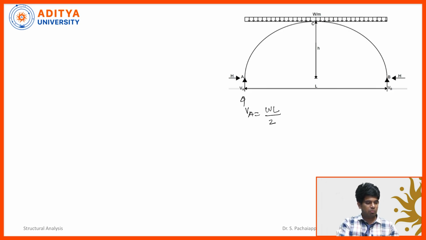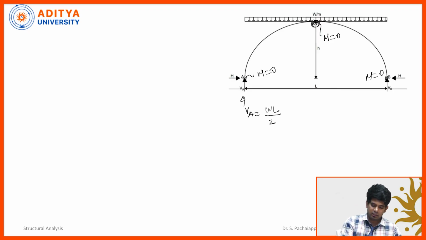The reason we take the moment at the crown is that the bending moment is 0 there. At any hinge the bending moment is 0. For example, at the point A the bending moment is 0 and at the point B the bending moment is 0. Since the bending moment at the crown of the arch is known to be 0, I am planning to take the moment at this point.